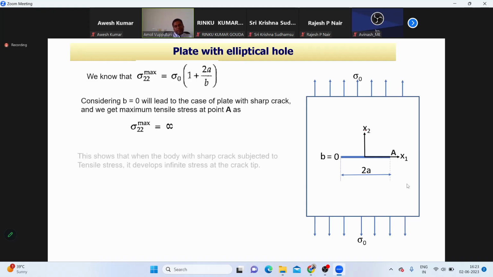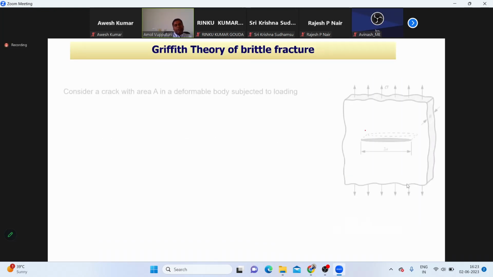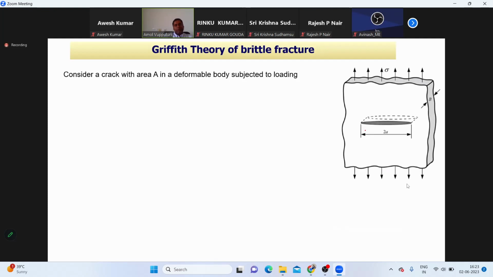With this, a scientist called Griffith proposed the criteria for brittle fracture. He said, let's take a body having a crack of area A, subjected to some loading sigma.